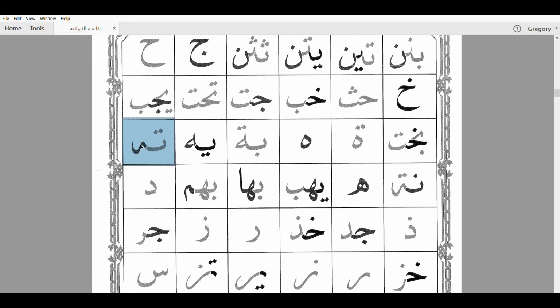Ta, and this is a ra right here. The ra is really sneaky at times, by the way. Oh, here's an example too. This letter right here is at the end of the word Allah. So when we say Allah, you don't even hear that letter, right? It's just not really pronounced, it's like silent.